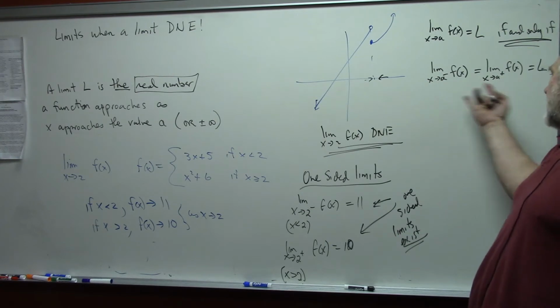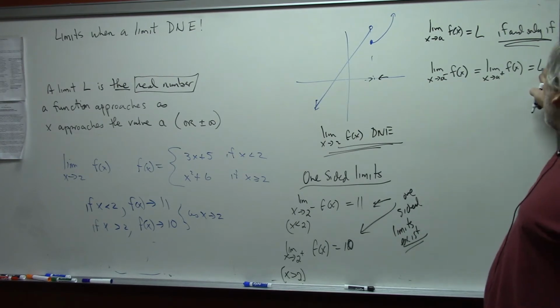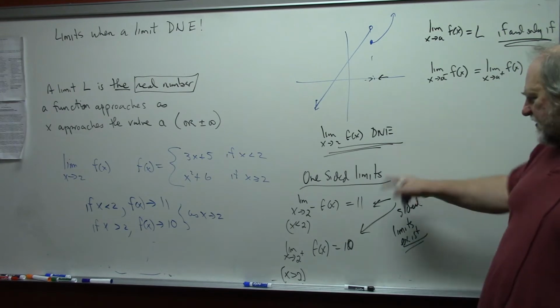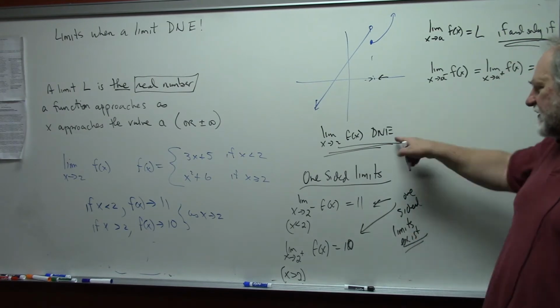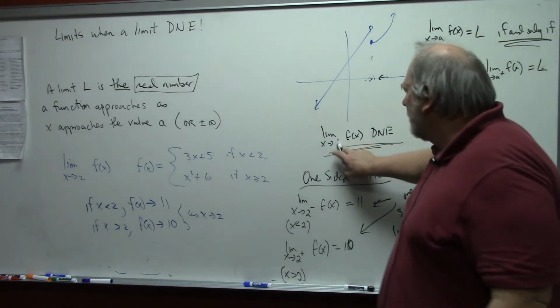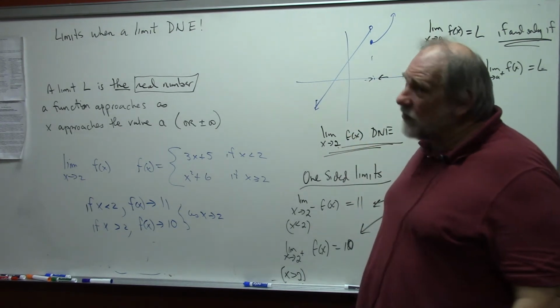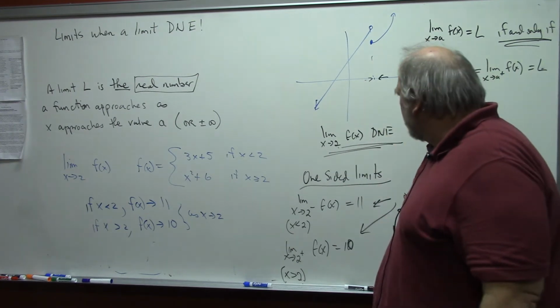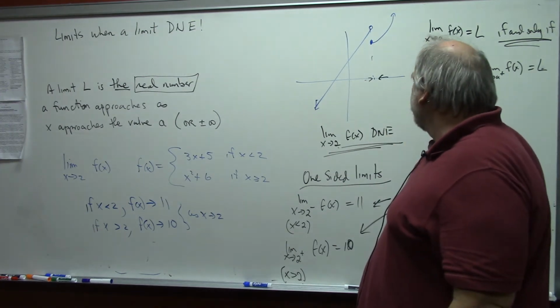If both one-sided limits exist and are the same real number, then the limit exists and is that same real number. So in this case, the limit does not exist, but the one-sided limits do exist, and that describes what's happening to this function.